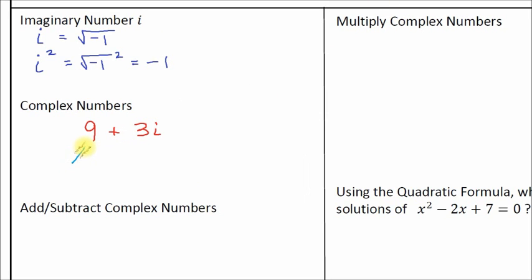This part right here, the first term, this 9, this is the real part. That's a real number. That's the real part of the complex number. And then the 3 times i, well, i is imaginary. So 3 times i, that is the imaginary part.